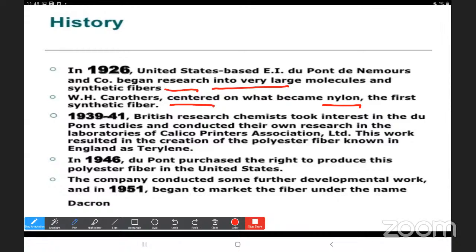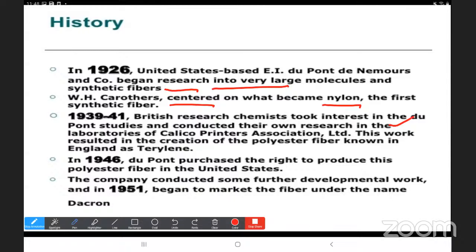In 1931 to 41, British research chemists took interest in the DuPont studies and conducted their own research in the laboratories of Calico Printers Association Limited.